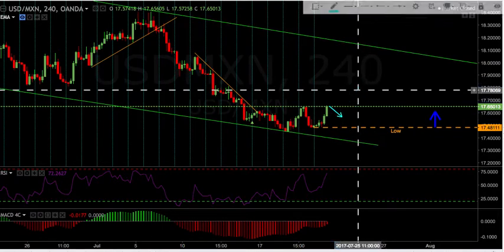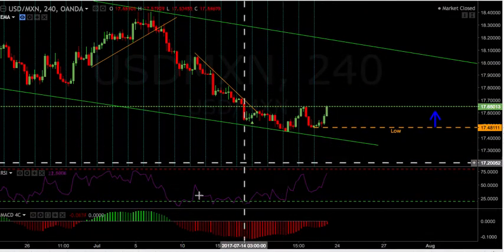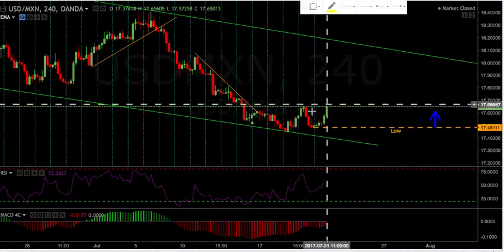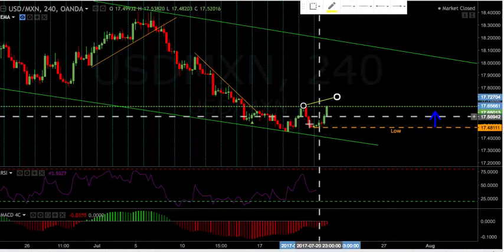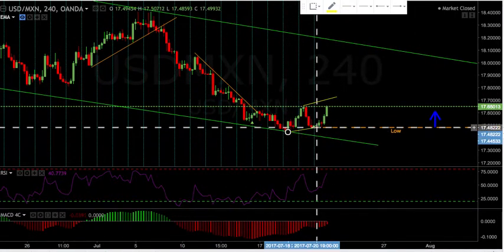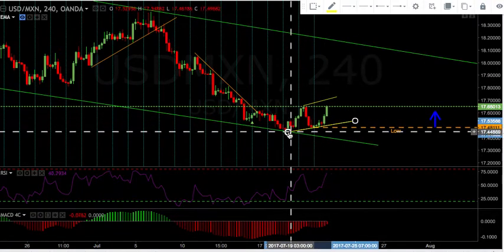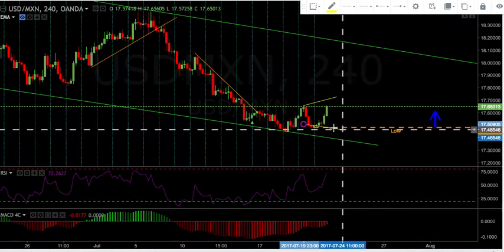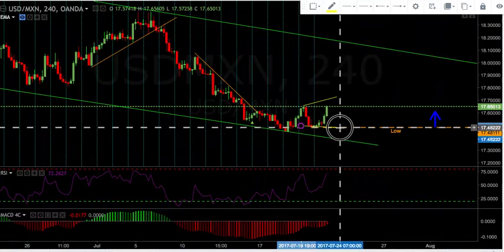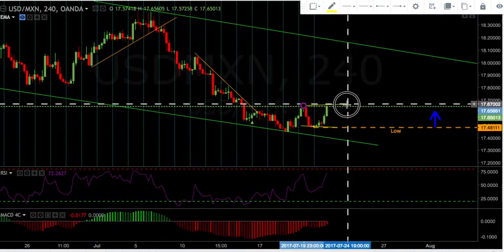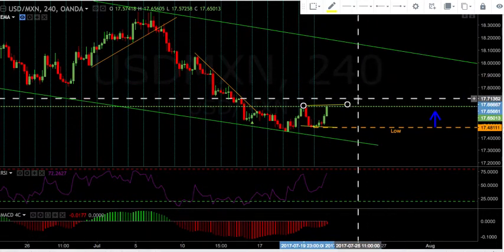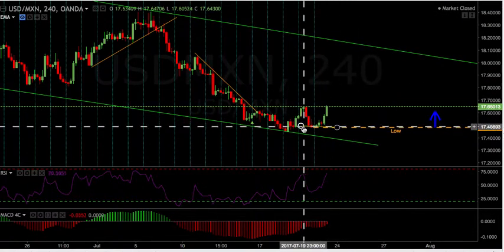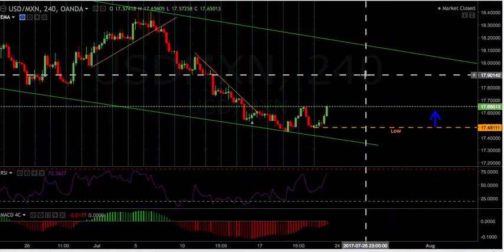So one of the two. It's either going to form some type of pattern here or something like this, maybe some type of flat channel, but we'll see once price gives us a little clearer picture.